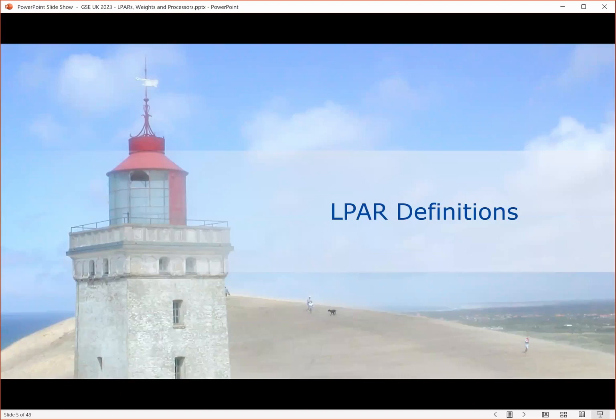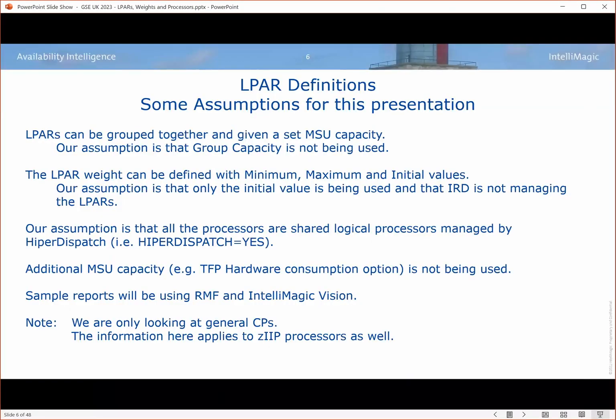Let's move to LPAR definitions. Before I start, I need to make some assumptions. I'm trying to keep it simple, which means that, for example, I'm not looking at all your LPARs with group capacity and things being capped, okay? That's a different discussion. I'm not looking at, for example, somebody who uses IRD to dynamically manage the weight of LPARs, okay?